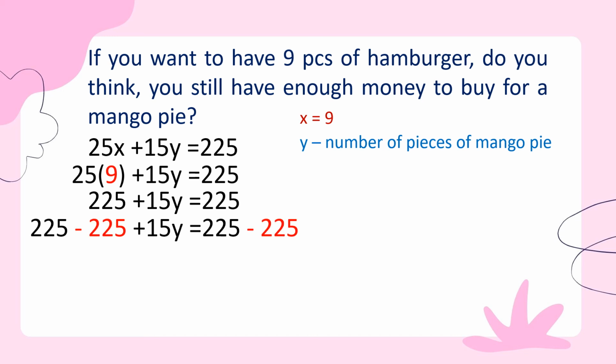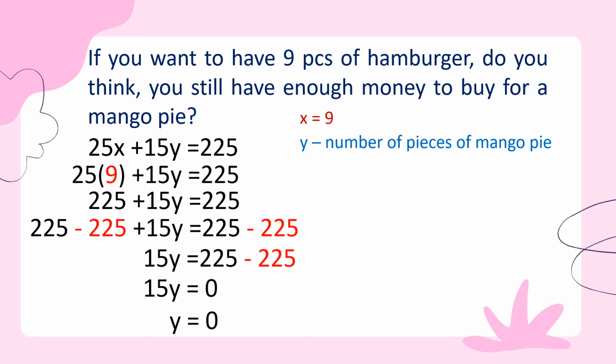So we have 225 minus 225, that would be 0, plus 15y is equal to 225 minus 225. 15y now is equal to 0. And dividing both sides by 15, we all know that 0 divided by 15 is equal to 0.